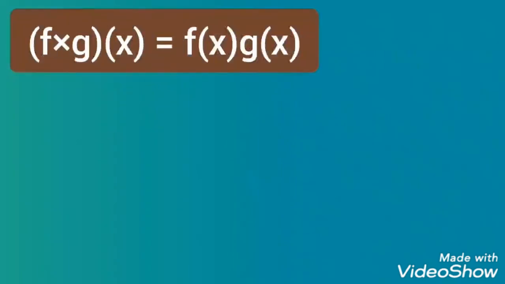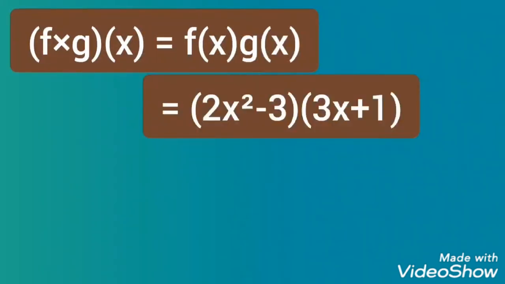So we have here f times g of x equals f of x times g of x. So let us substitute the given values: 2x squared minus 3 times 3x plus 1. So simplify.